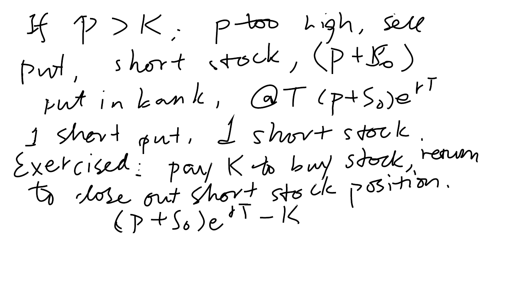And since P itself is greater than the strike, remember, the P exponential RT, which is compounded P, should also be greater than strike, and plus a positive S0, the overall thing should be greater than or equal to 0, or if I will, greater than 0.